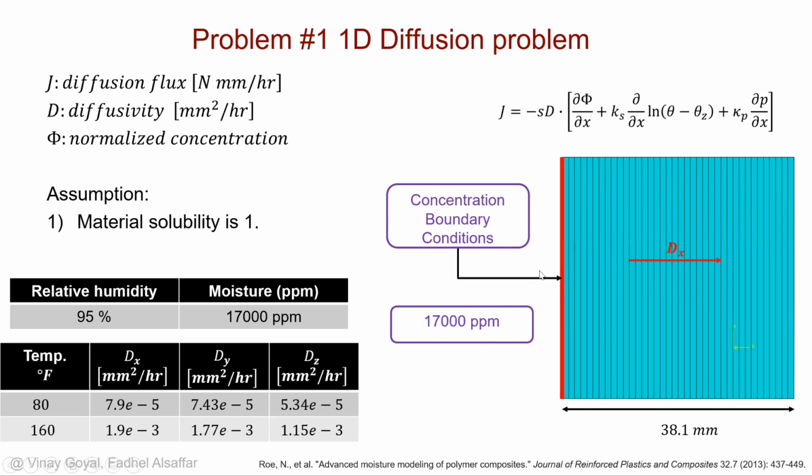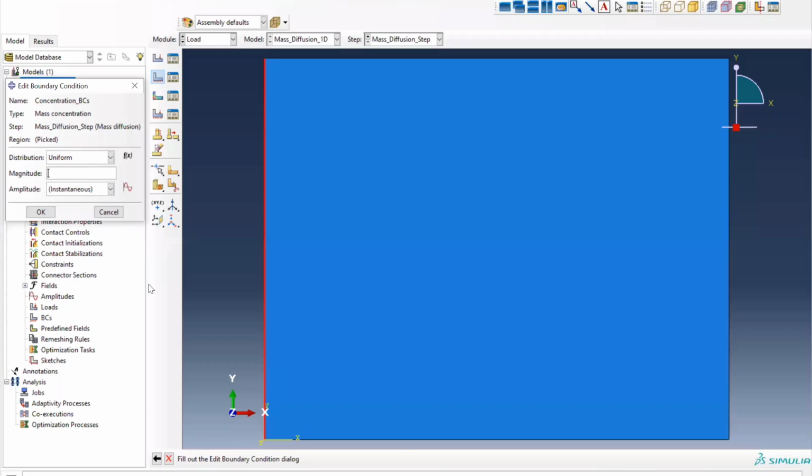It's as if the concentration here first starts with a small value and then starts to increase, and then it diffuses inside. So we'll have a kind of variable boundary condition, which is really good to learn. We will also see later how we change the material properties, which is the diffusivity in this case, in the middle of the step.